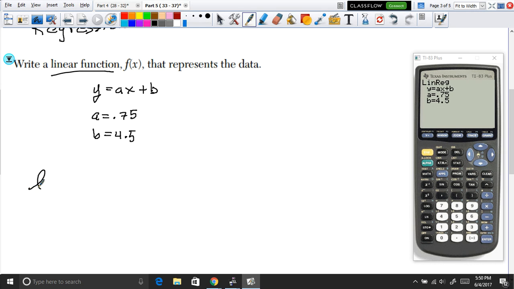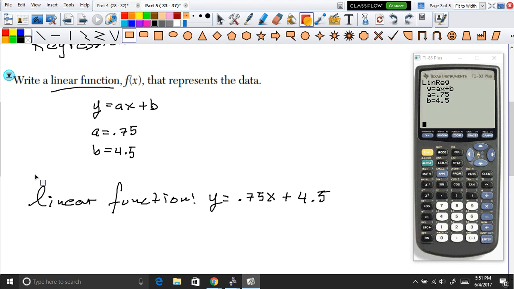So now, the linear function is y equals a of x, but it's saying that a is 0.75. So our function is going to be y equals 0.75x plus b, but we know that b is 4.5.